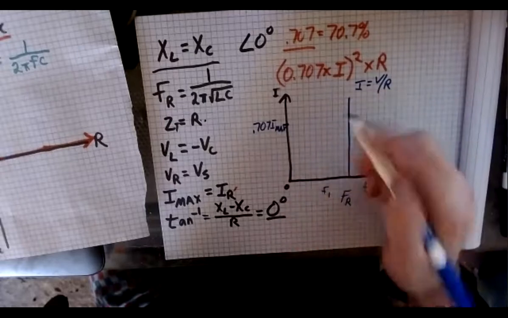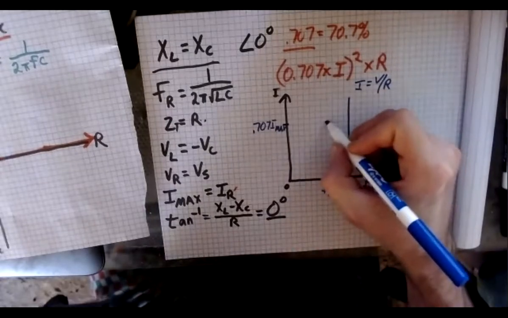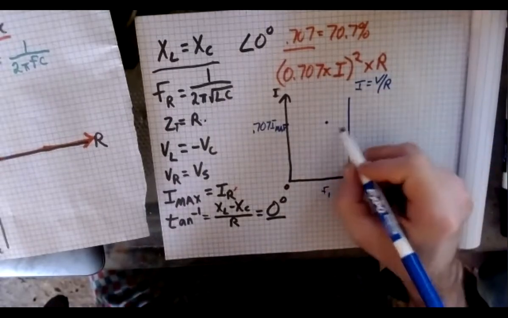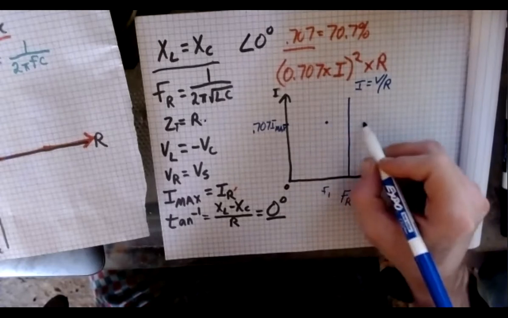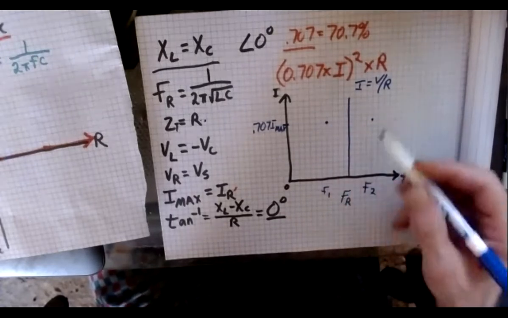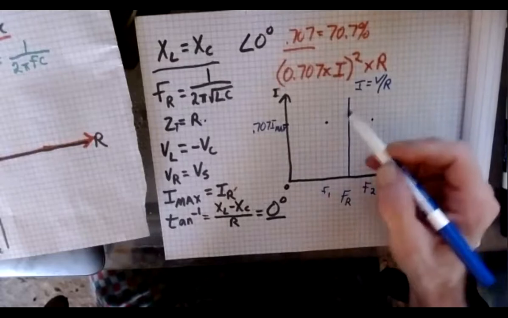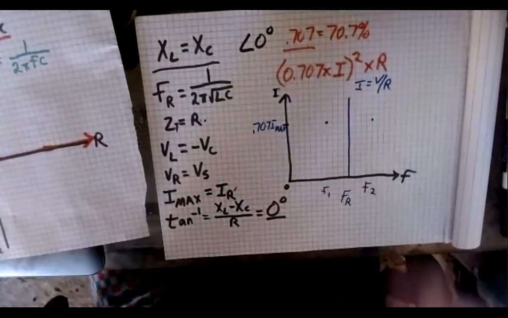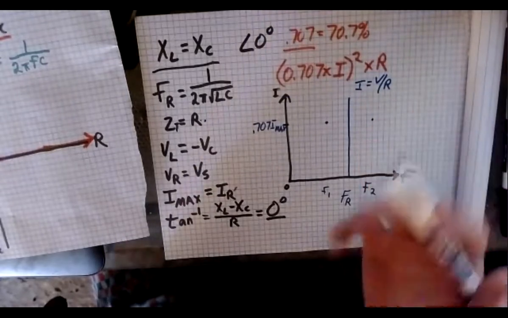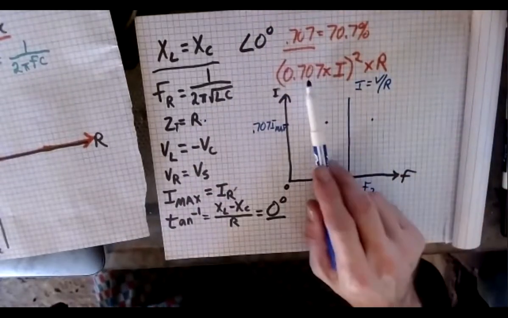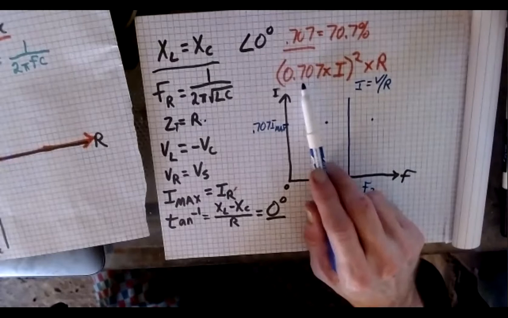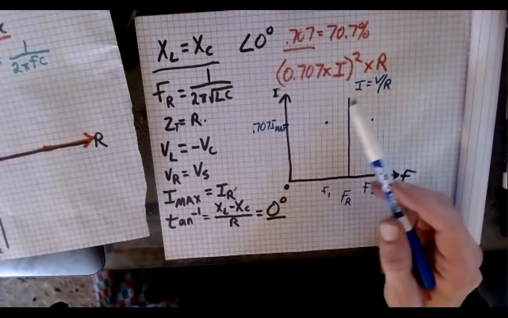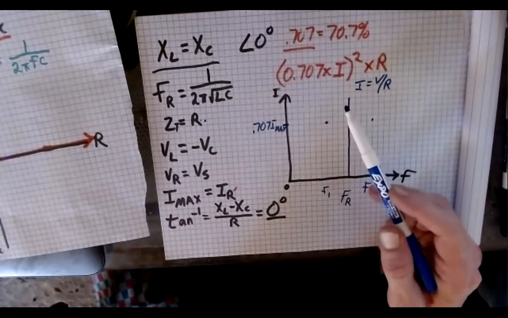I'm not going to be hardcore here, but we'll draw a point and a point. So our voltage magnitude is not attenuated so badly, right? What it's attenuated by is this 0.707. So we're still operating at about 70% efficiency here.